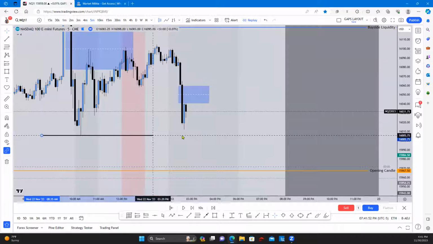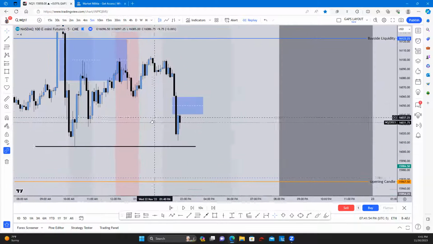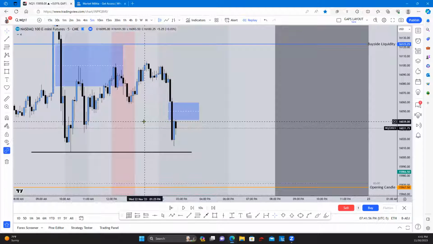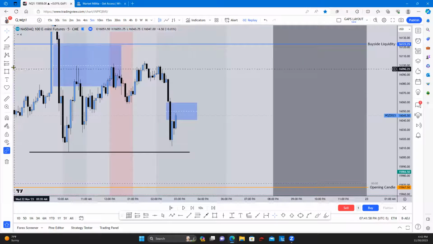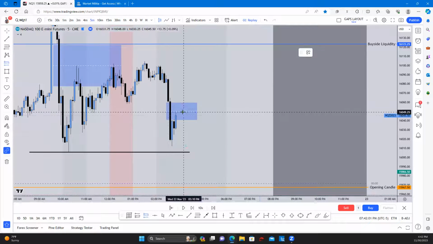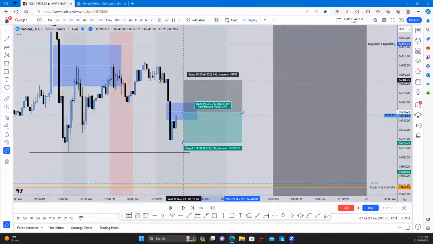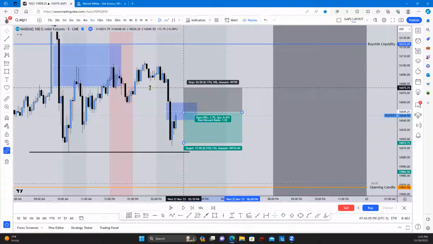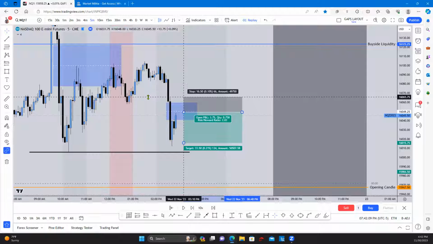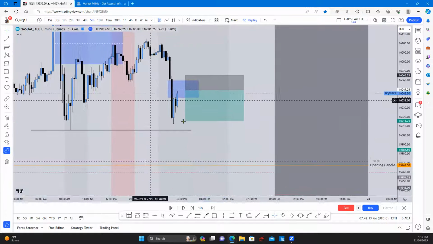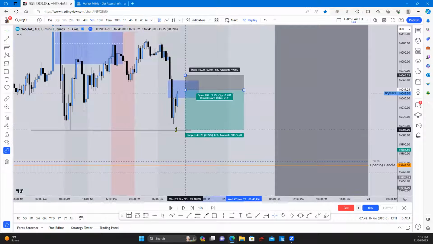This is our next draw on liquidity. Taps in there. Be short here. I would want to go probably just above this high. Then target this low here.